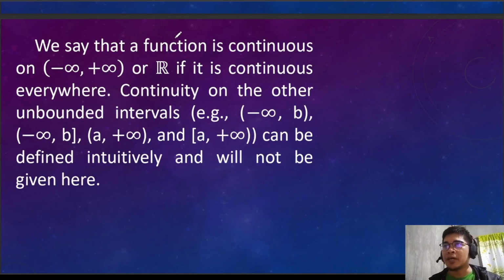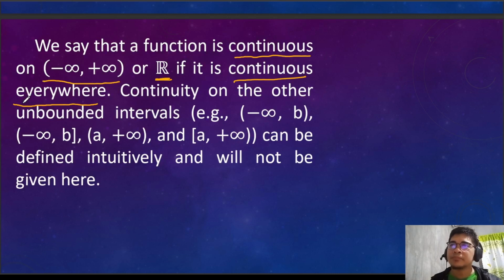We say that a function is continuous on open interval negative infinity and positive infinity, or the real number if it is continuous everywhere. So, pag continuous siya sa tanan, we can determine niya ang open interval is continuous.